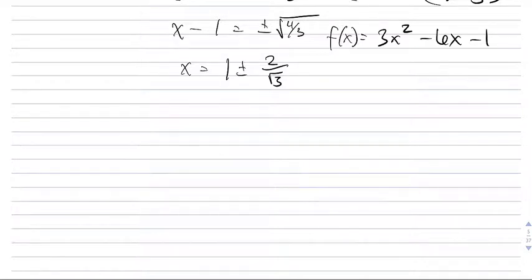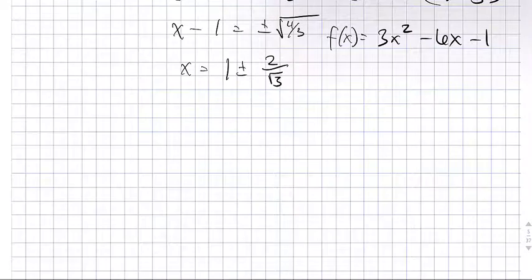All right. So the axis of symmetry, h comma k is 1 comma negative 4 thirds. So let's graph this. Notice the parabola opens upward. Over 1, down.